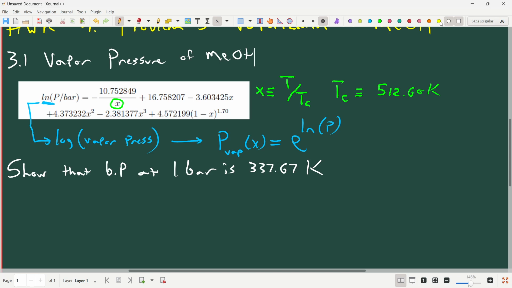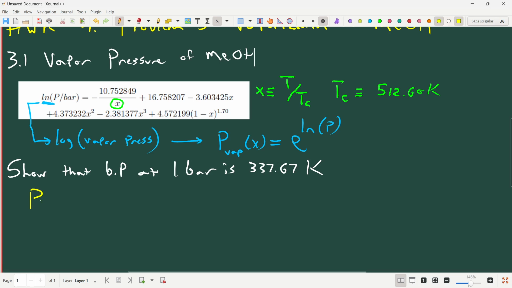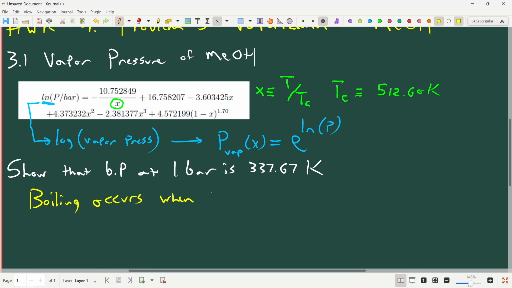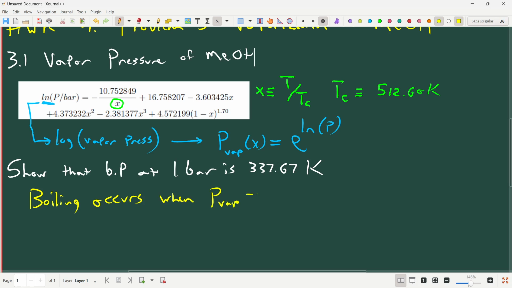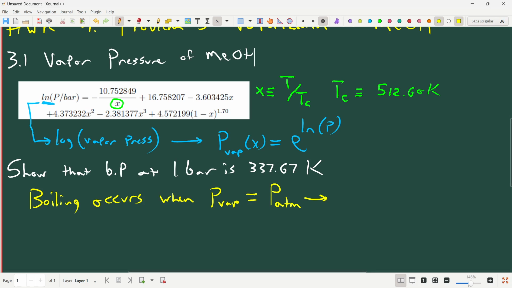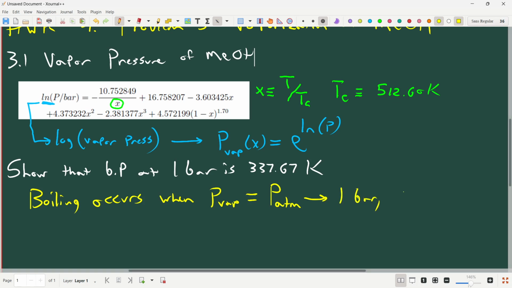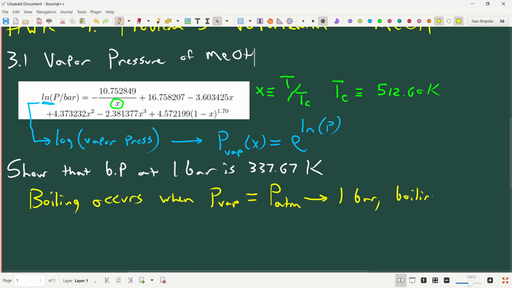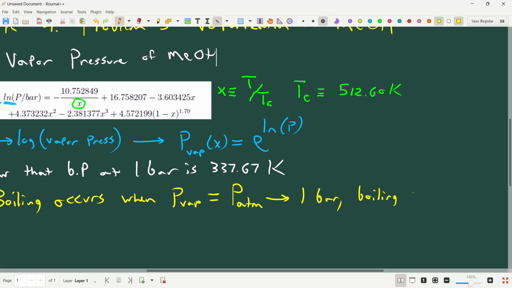Boiling occurs when the vapor pressure is equal to the external pressure, the atmospheric pressure. So at 1 bar, boiling occurs when P_vap is 1 bar.